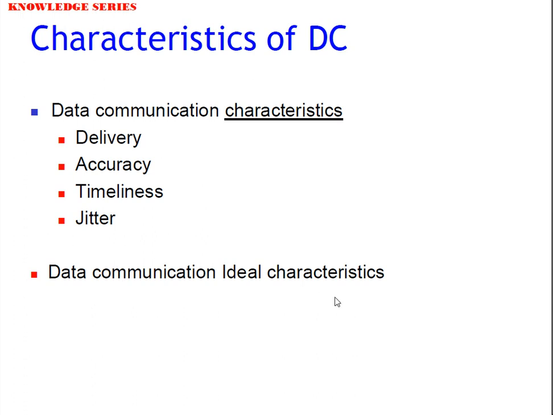Now here is another term mentioned: data communications ideal characteristics. What are the ideal characteristics of data communication? The very important one is that the data communication should be able to deliver the signals with maximum energy from the transmitter to the receiver.